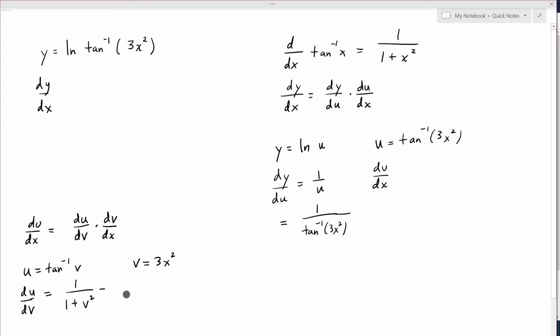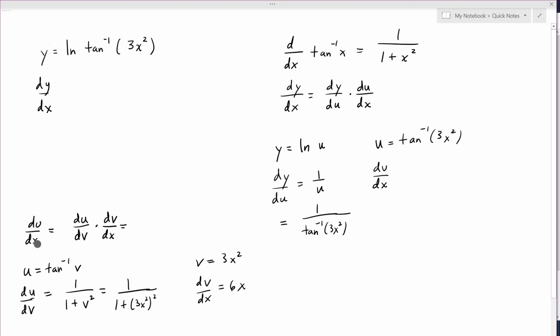And then let's go ahead and replace the v. v is actually 3x squared, so it's going to be 3x squared, squared. Okay, now let's find dv/dx. And by the power rule, that's just 6x.